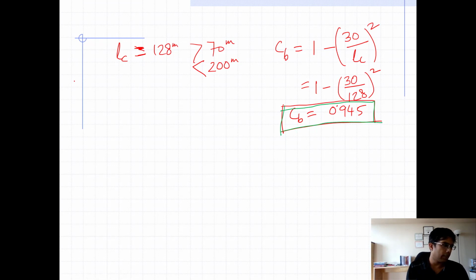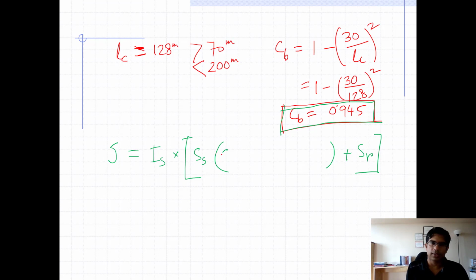So now we can write the final equation to calculate the snow load. Snow load S equals the importance factor multiplied by the bracket SS plus SR, bracket finished. And there are four parameters here: CB multiply CW multiply CS multiply CA.